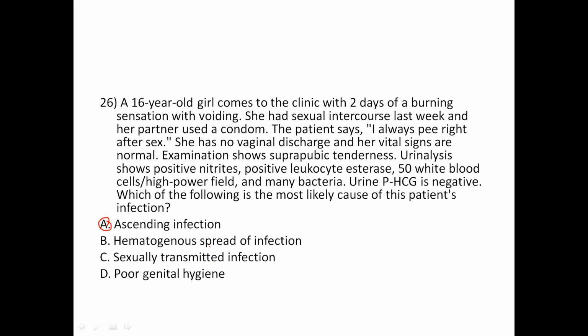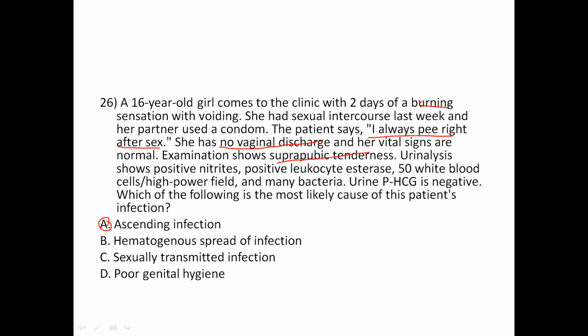It is not hematogenous. Definitely this patient has dysuria and also frequency of urination. Saying I always pee right after sex is more suggestive that this is associated with intercourse. Also for STI, she has no vaginal discharge, no itching.